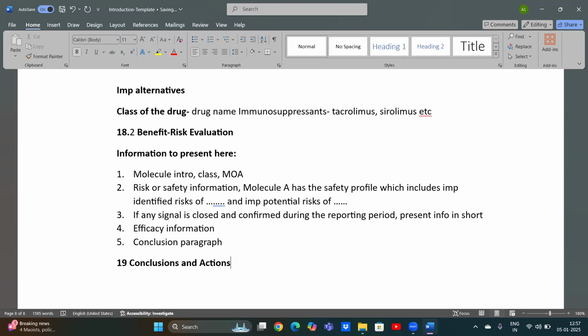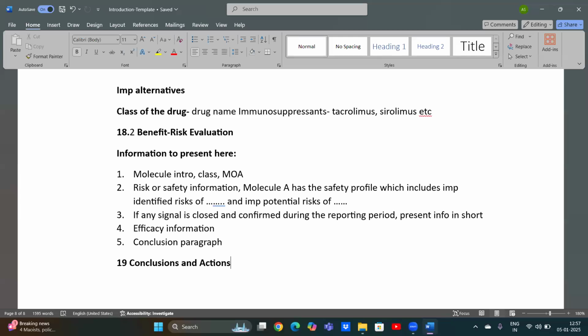It will be like, based on the comprehensive analysis of safety and efficacy information received during the reporting period for your molecule, it did not reveal any new or significant safety or efficacy concern that changes the current known positive benefit risk balance of your molecule for the treatment of patients with NSCLC, like in this example.